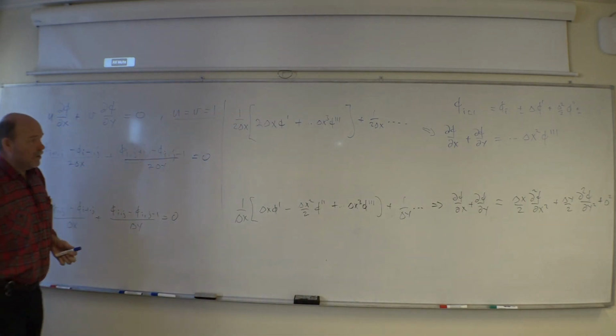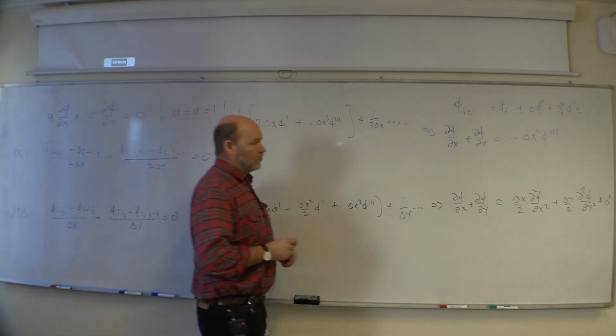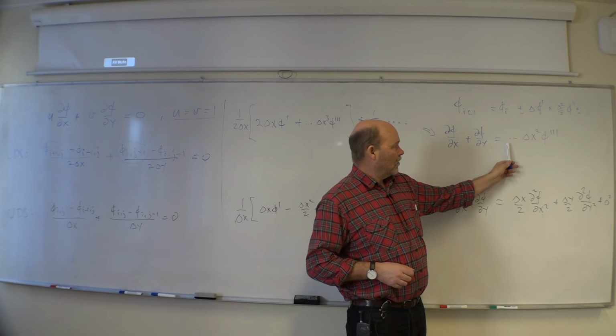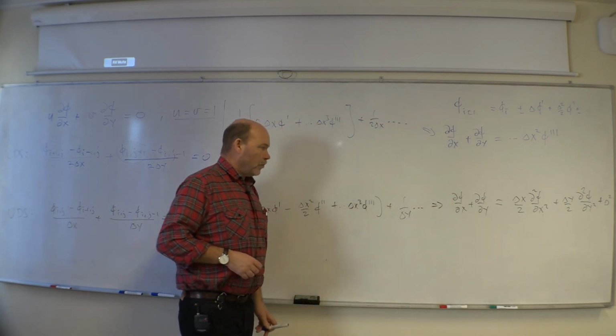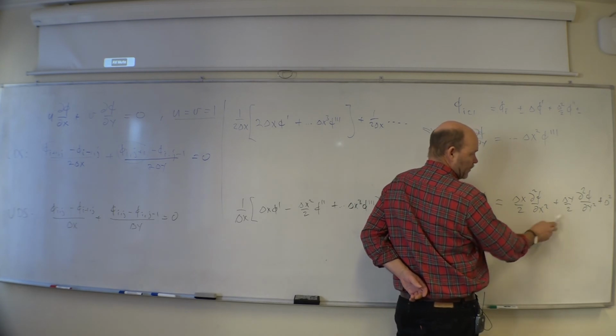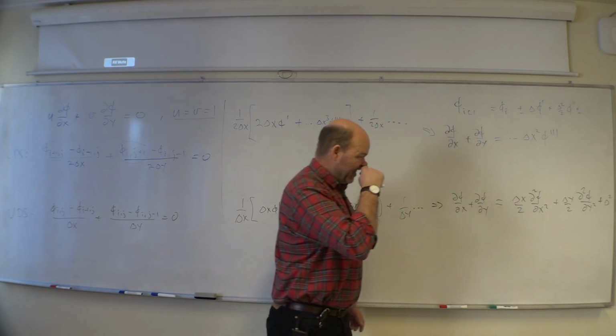The central scheme does not introduce any diffusion. The first order upwind creates a lot of diffusion depending on your delta x and delta y.